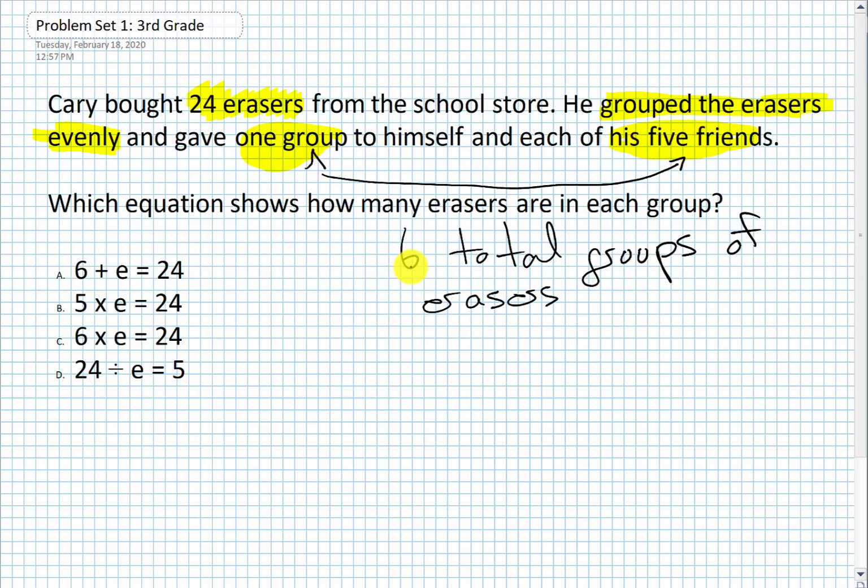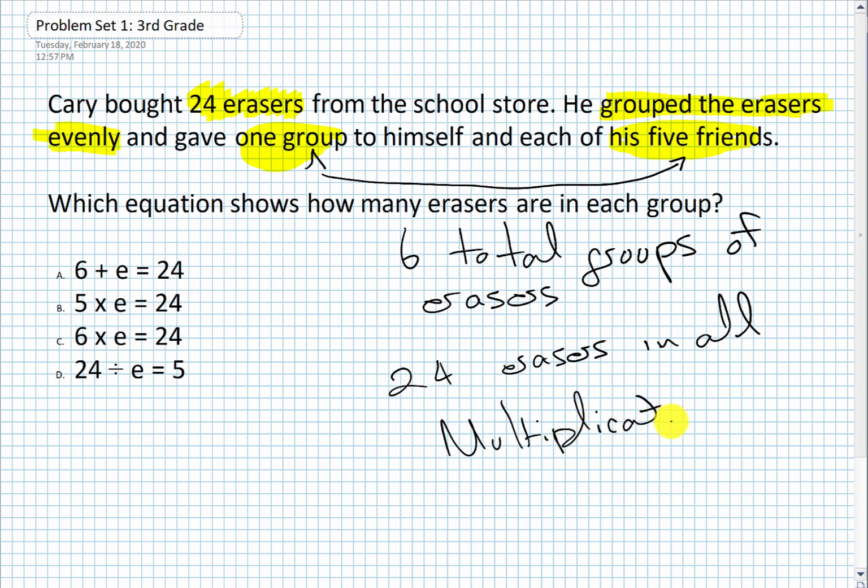Those 2 together give me 6. Okay? Carrie has a total of 24 erasers in all. And he grouped the erasers evenly, so this again involves either multiplication or division.